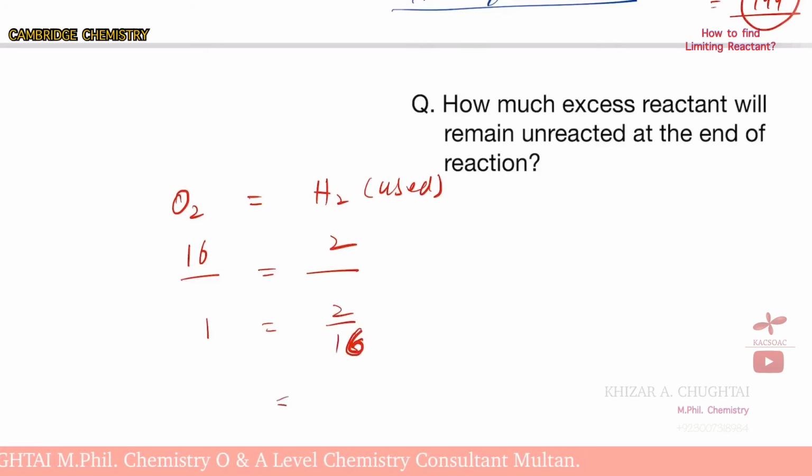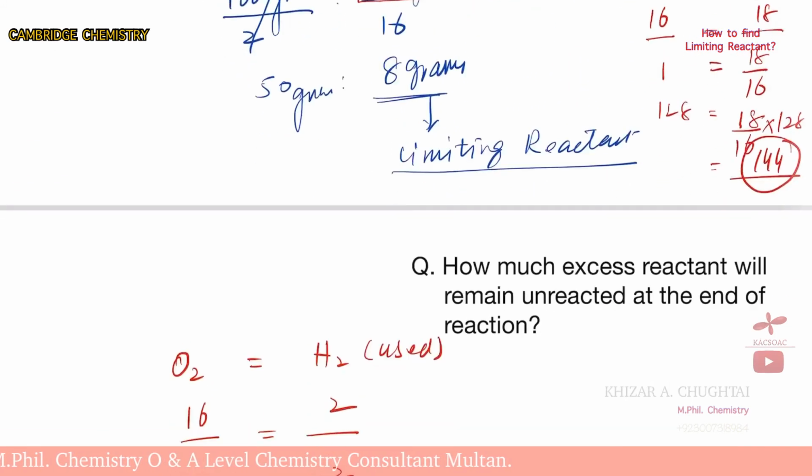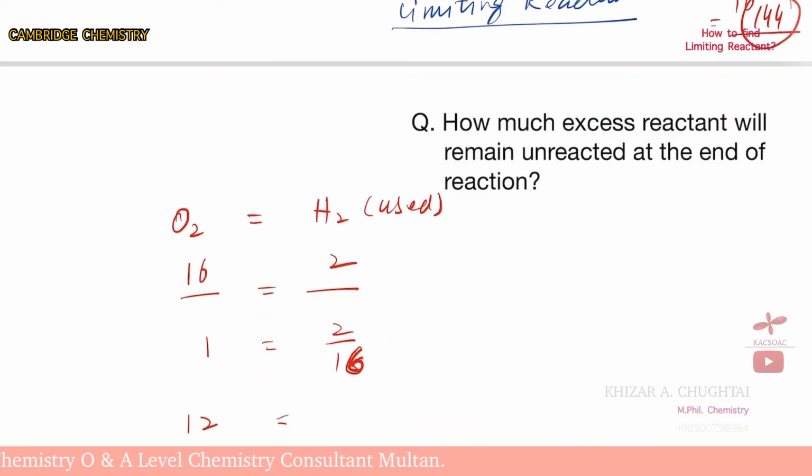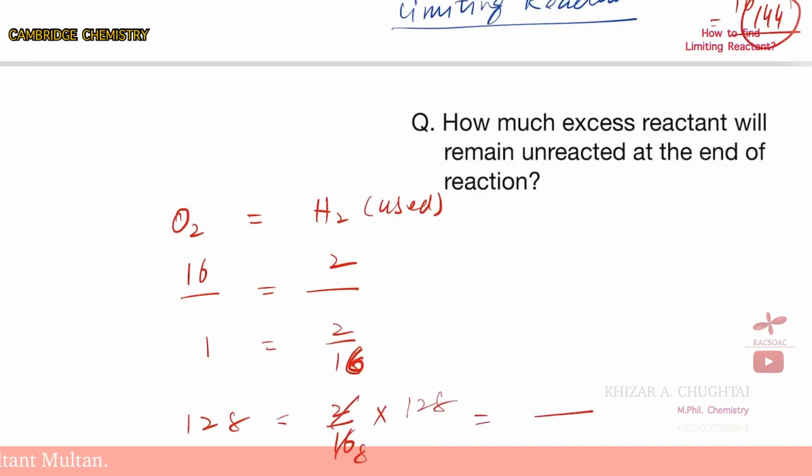And at the moment, we are using oxygen equal to 128 gram. In this experiment, 128 gram of oxygen will require 2 over 16 multiplied by 128. 128 over 8 is equal to 16 grams. So hydrogen used is 16 gram.